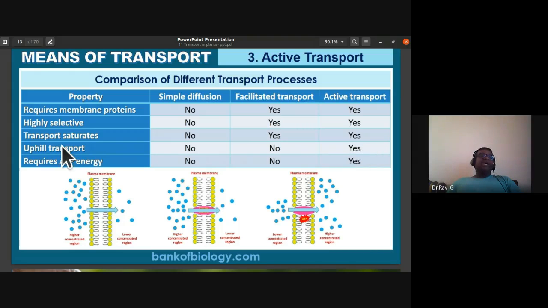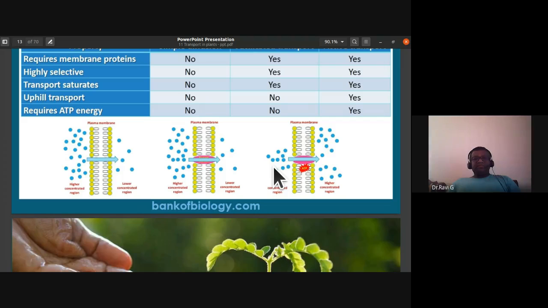Only active transport has uphill transport. Only active transport requires ATP energy, whereas simple diffusion and facilitated diffusion do not require ATP energy. They are passive processes.